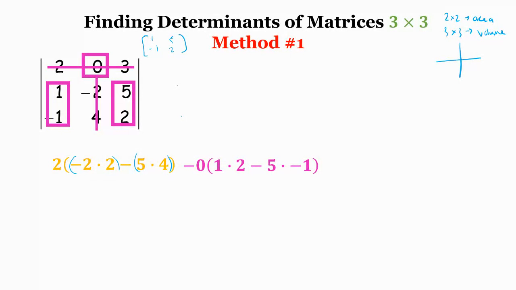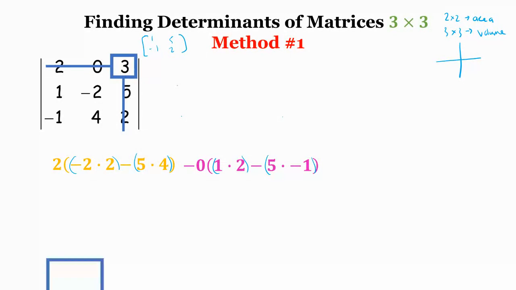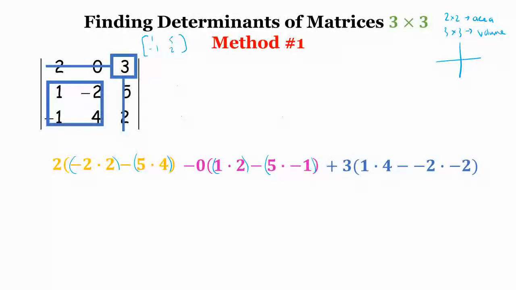So 2 times 1, -5 times, I'm sorry, 5 times -1. Okay, and then I'm going to do it with the last one on that first row as well. 3, and then over here, focusing on that little matrix, and I'm doing plus 3 times 1 times 4 minus -2 times, oop, that should be a -1. Sorry, guys. Thought I fixed that mistake.